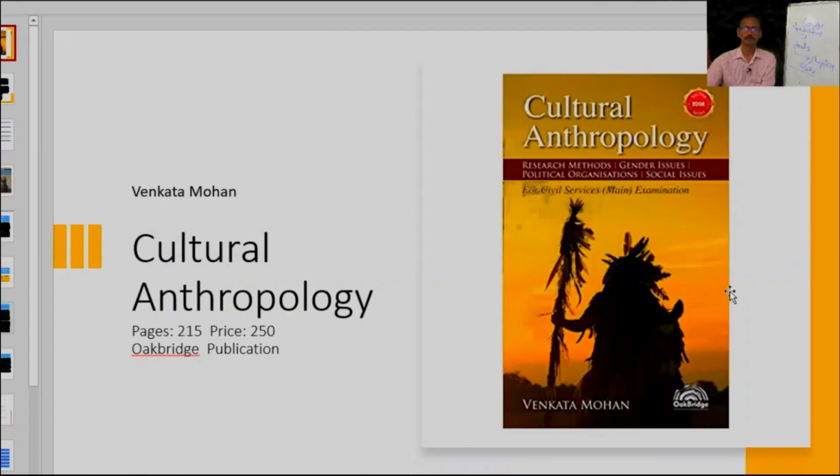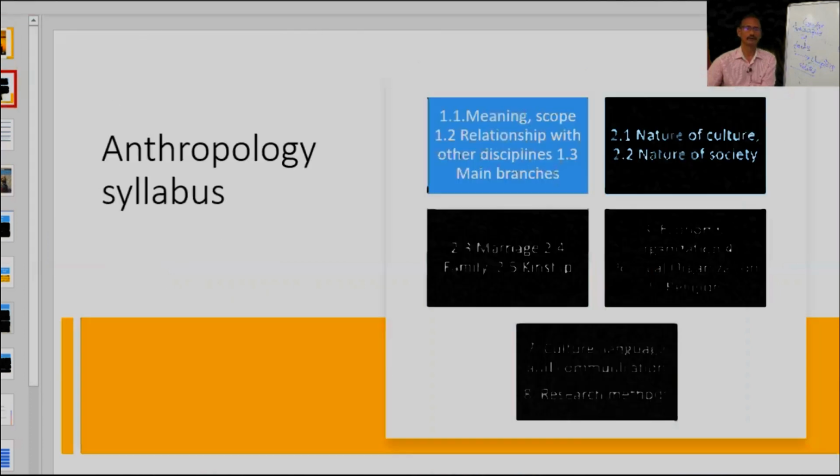This is the book as published by Oak Bridge, 205 pages, and the price is 250 rupees. And this is the anthropology syllabus that this book covers: 1.1, 1.2, 1.3, 2.1, 2.2, 2.3, 2.4, 2.5, and 3.4.5, economic, political, religion, and 7.8.